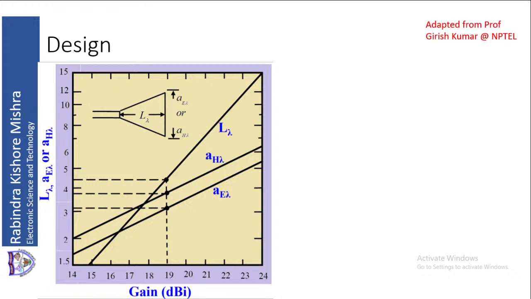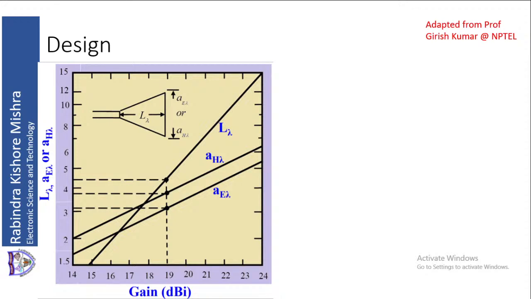AE lambda is the expansion in the E direction for the E field, which is actually capital A. AH lambda is actually capital B. Those are the curves.